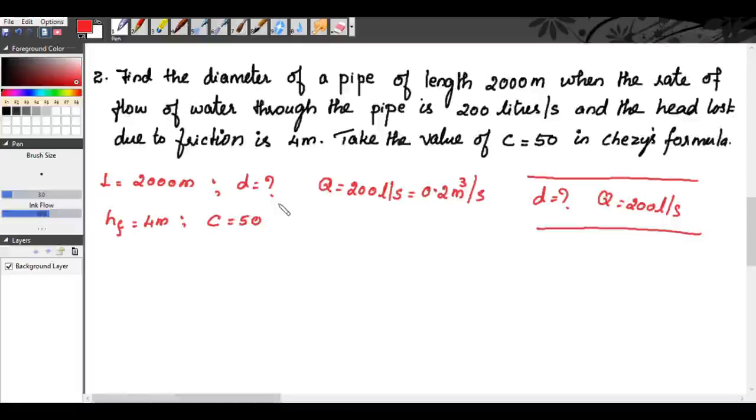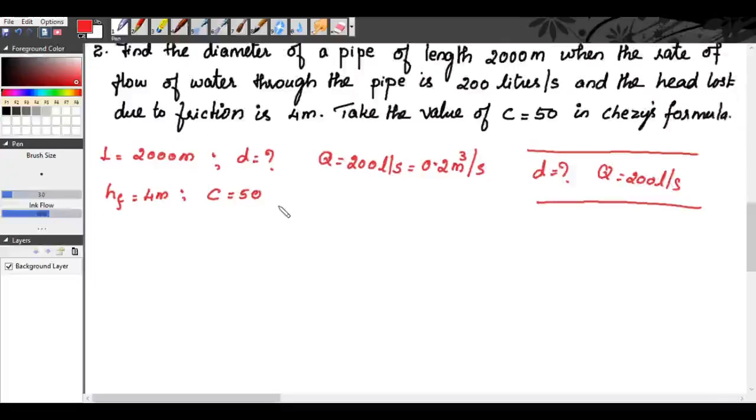We know the formula for Chezy's constant is V is equal to C into root of mi. Since the cross section is circular, to find the diameter, it is C into root of m into i, where m is D by 4.